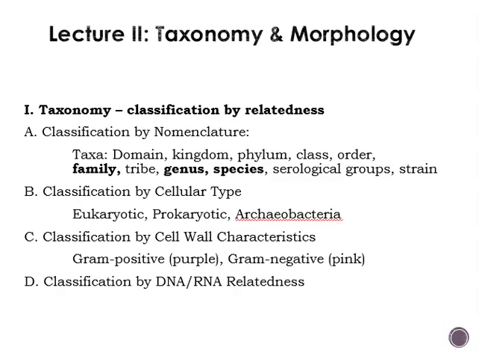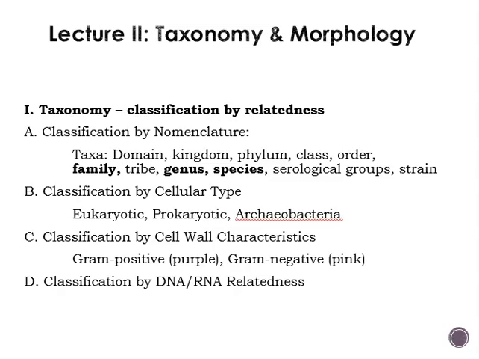So taxa or categories include the domain, which means are they a prokaryote or a eukaryote, the kingdom, the division, which is the phylum used in the kingdom, class, order, family. The family is indicated by that -aceae ending on the word.